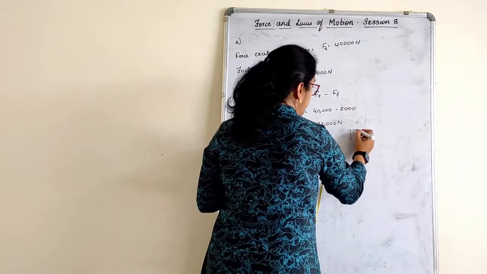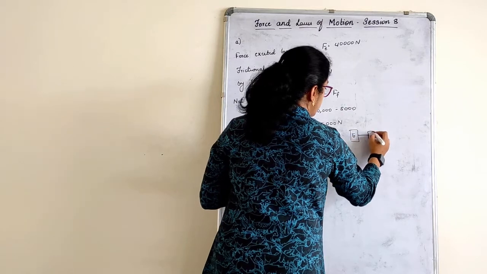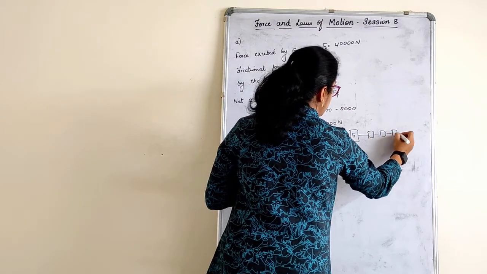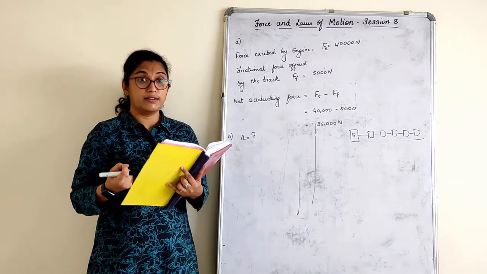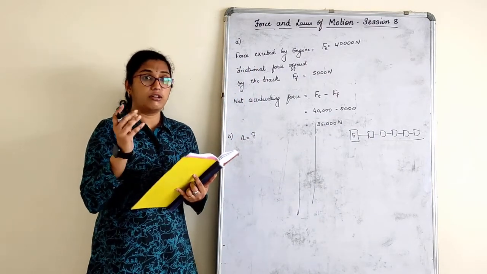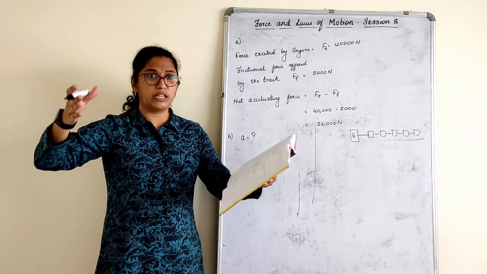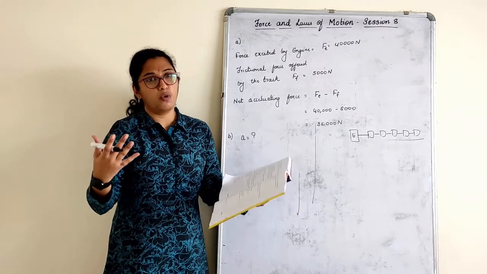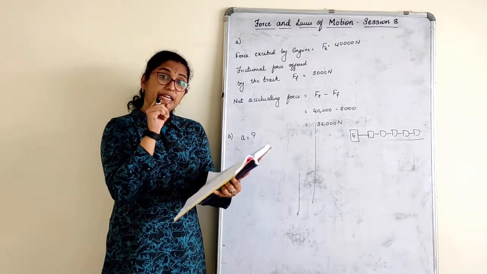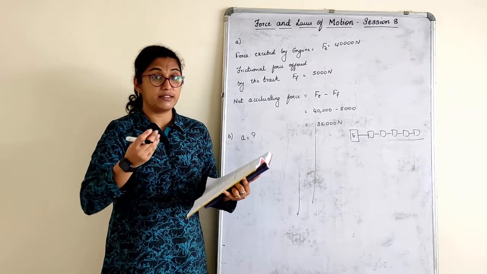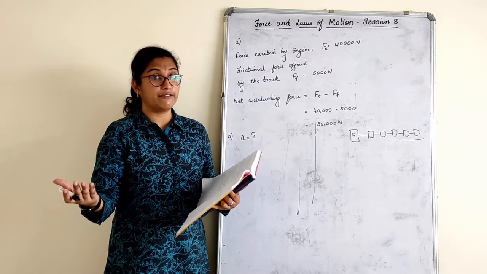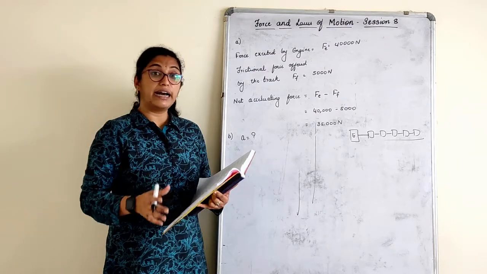This is the engine, children, and this is pulling those wagons: 1, 2, 3, 4, 5. Mass of each wagon, which will carry the load, is 2000. How many such wagons do we have? We have 5 wagons. So we have to calculate the mass of 5 wagons to find the acceleration.